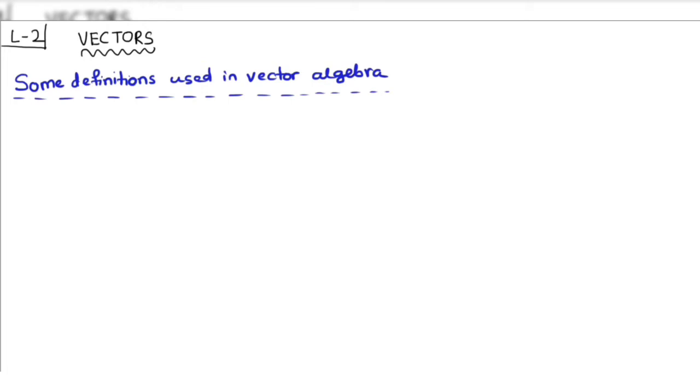So, let's get started. The first definition is equal vectors. What is the meaning of equal vectors?